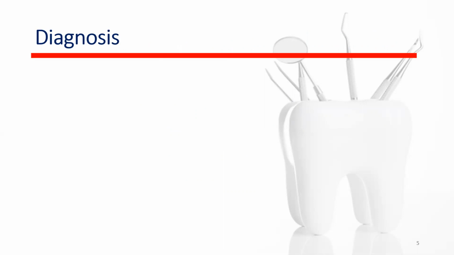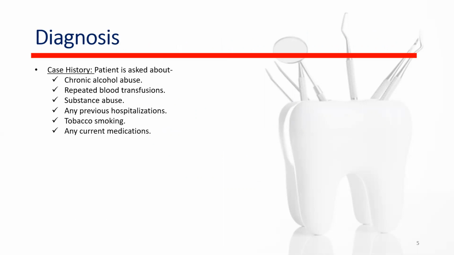Diagnosis in hepatitis can be done by taking the case history of the patient. We ask the patient about chronic alcohol abuse, repeated blood transfusions, substance abuse, any previous hospitalizations, tobacco smoking, and any current medications.